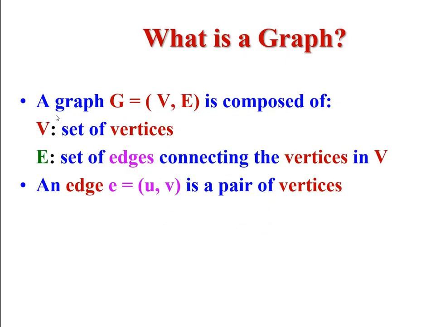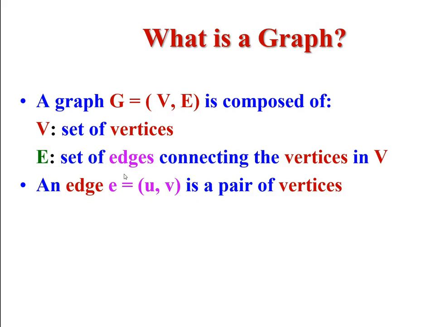Now what is a graph? A graph G is a pair (V, E), where V stands for the vertices and E stands for the set of edges connecting the vertices in V. An edge is a pair of vertices. So from u to v, when you join them by a line, then you call that an edge.